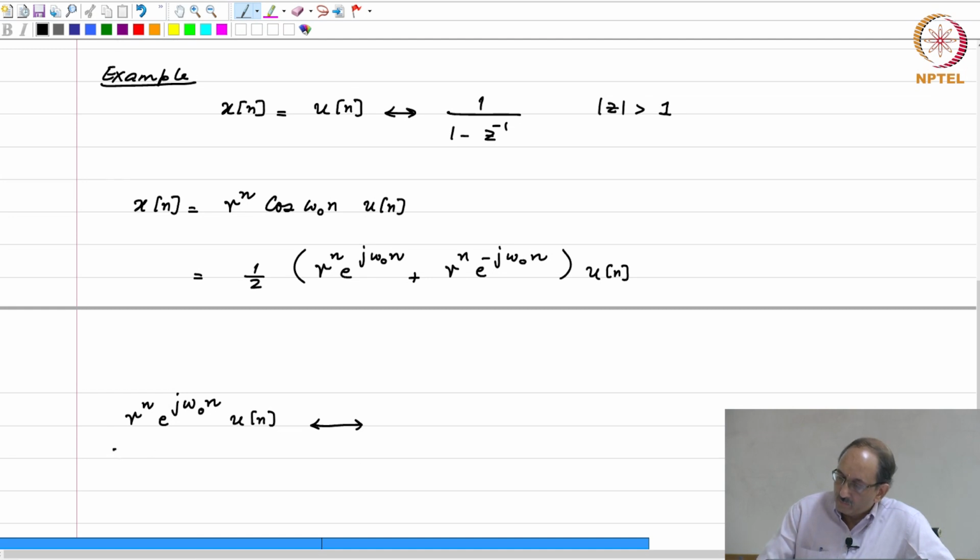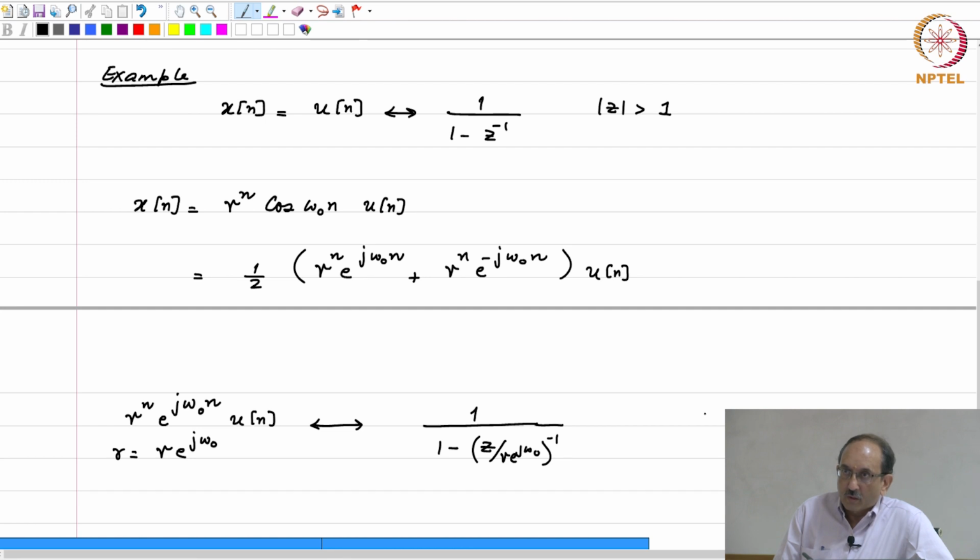So, here gamma is r e to the j omega naught. Therefore, this becomes 1 by 1 minus, wherever z is there you replace z by gamma. Therefore, this is z by r e to the j omega naught inverse, and you also have to take care of the ROC.